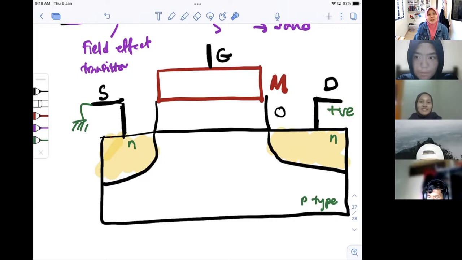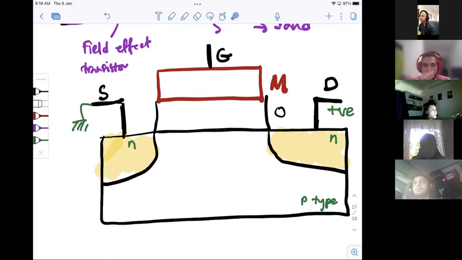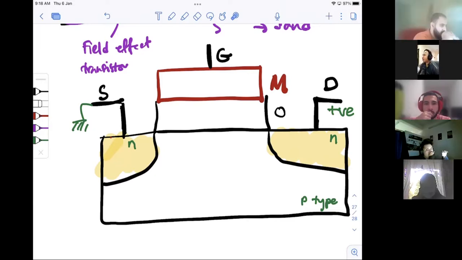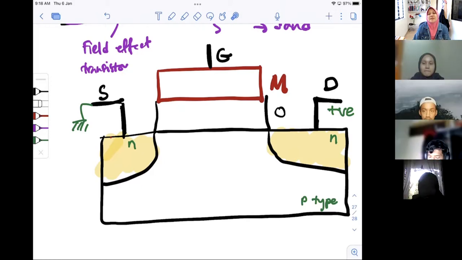Can you see two diodes over here? Anybody can see two diodes? Where are the diodes? I'm asking Kamalia, can you see the two diodes over here? Not sure, madam.